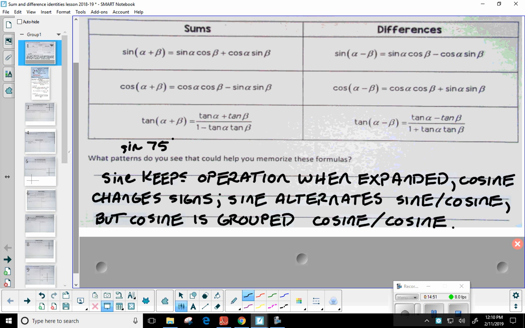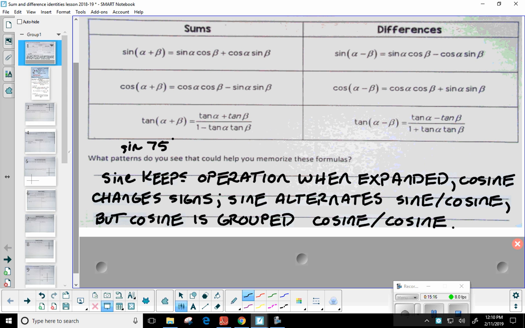The idea is, the angle that I'm given, is that something that we recognize on the unit circle? 75? Now remember we have 30, 45, 60, 90, basically those 16 points. So the idea using these identities is, why don't we use measures that we are familiar with on the unit circle to rewrite this?